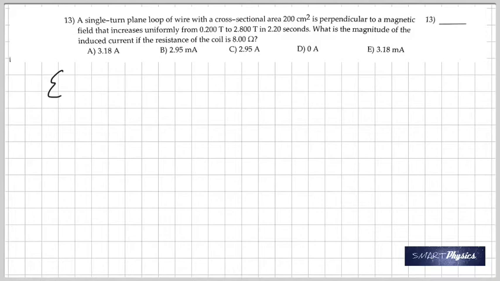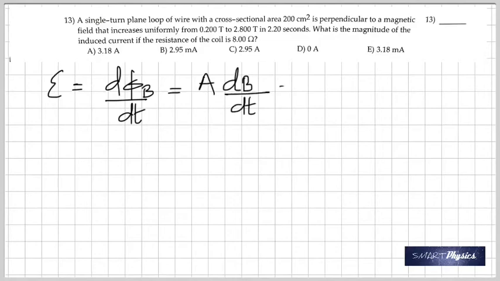Here the cross-sectional area is given. It's perpendicular to a field that changes or increases from 0.2 to 2.8. Once again, Faraday's law. This time the area is constant, it's the field that's changing. So A is kept constant, it's dB by dt. You see that difference?